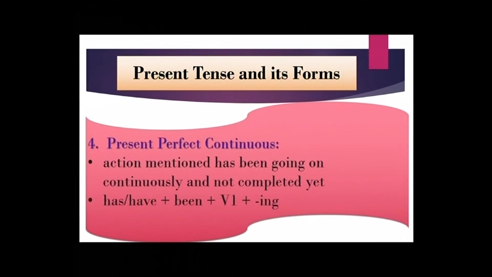In this, action mentioned has been going on continuously and not completed yet. In these types of sentences, action mentioned in the present perfect continuous tense is going on continuously and not completed yet. It would be completed in another time. Okay?